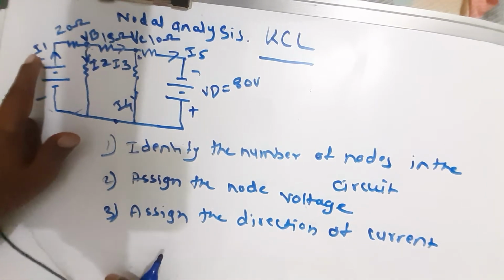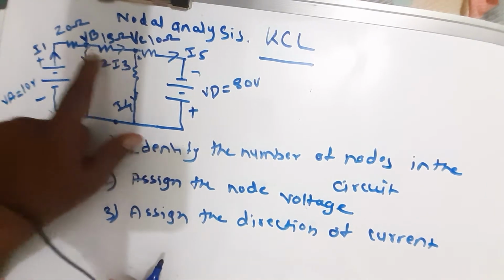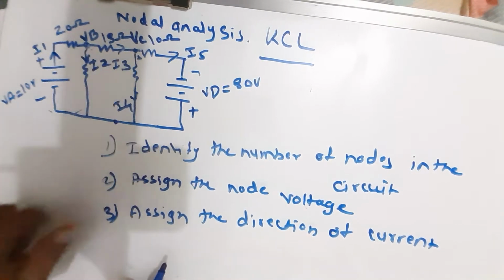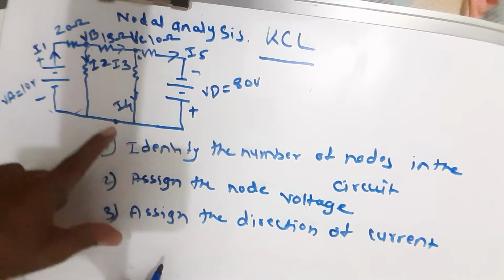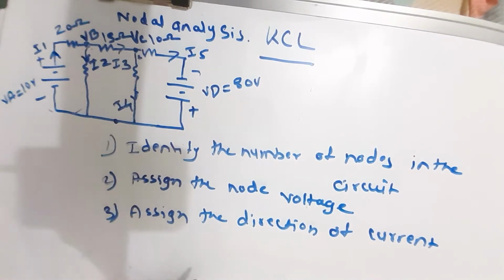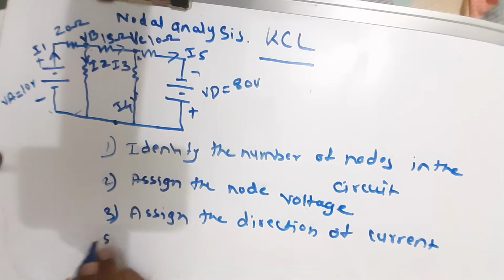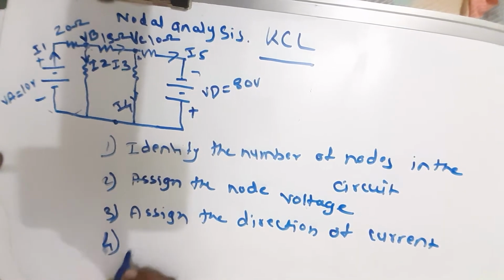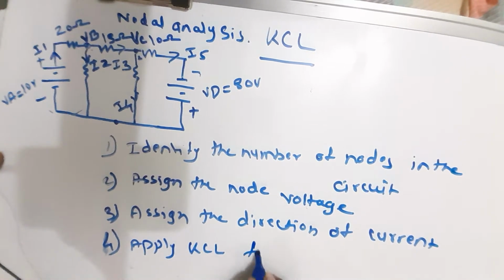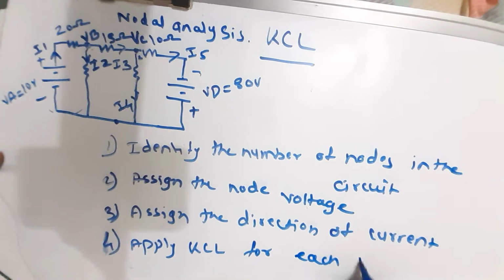Here we have I1, here we have I2, then here we have I3 from VB to VC, from VC to ground I4, from VC to VD I5. Then the fourth and most important part is to apply KCL for each node.